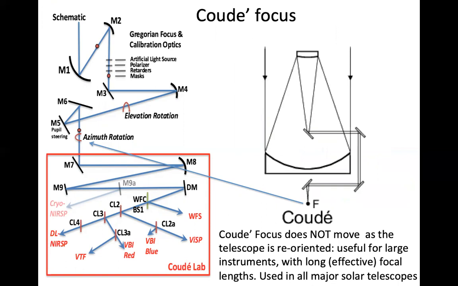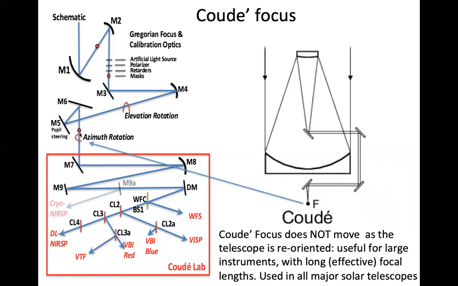Because this is something which would be fairly cumbersome if you have an instrument, right? Either you attach the instrument to the telescope and you go on from there, or you have to somehow arrange for this. So the various relay optics that are here after this little ball here, which is the Gregorian focus, 3, 4, 5, and 6 all combine to rotate the image and the light so that the focus is actually here.